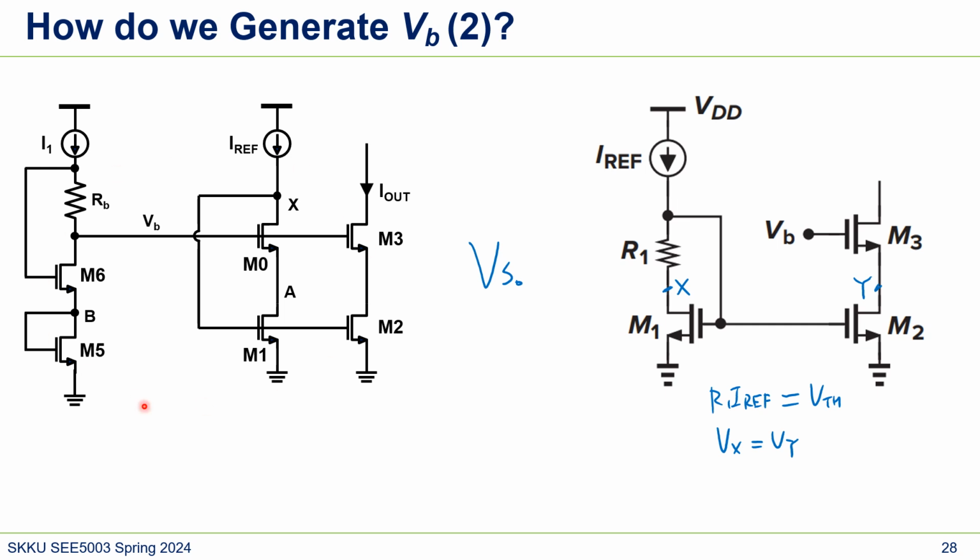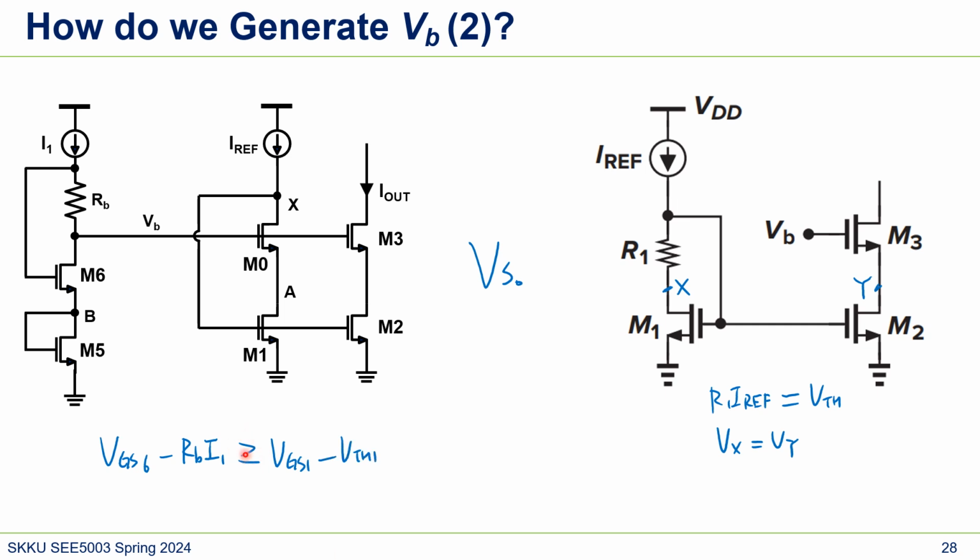But this one is a little different. In this one, our goal was larger than VGS1 minus VTH1. So it's not equal.